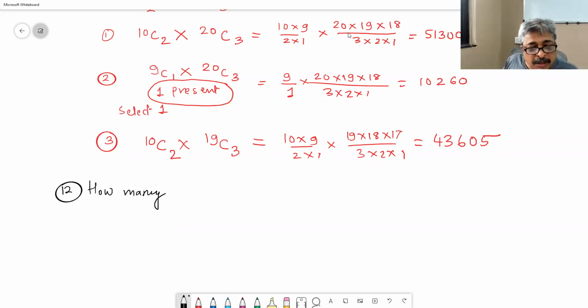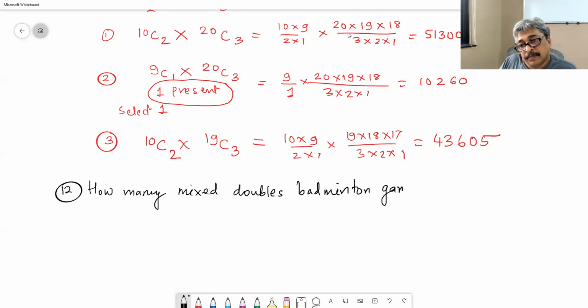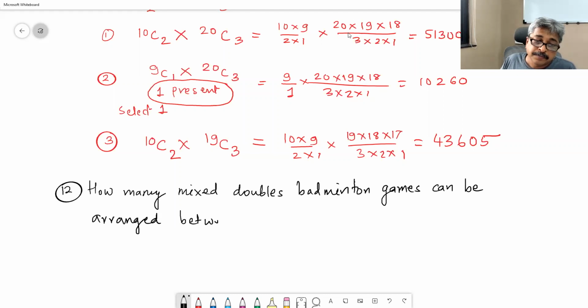How many mixed doubles badminton games can be arranged between 5 men and 4 women?